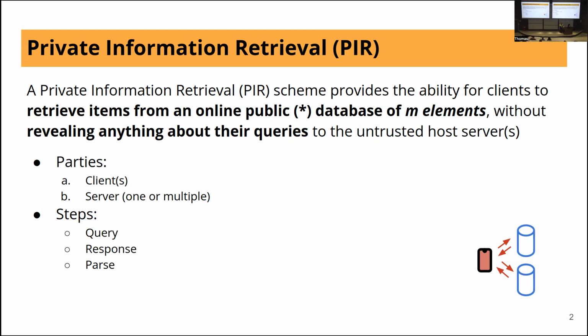So the setting here is that you have a client, or a number of clients, sending queries against a server or a collection of servers, as we will see next, that hold the database. In this specific problem, it is assumed that the database is public. There's another version of this problem in which the database is private, but we will talk about that a little bit later.